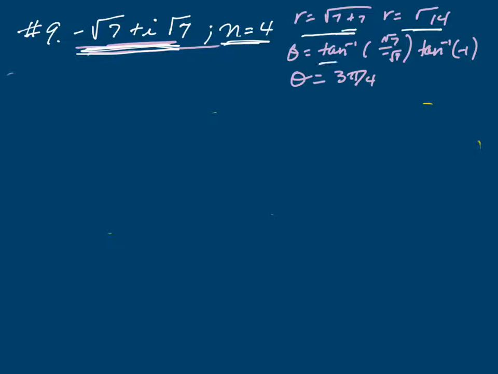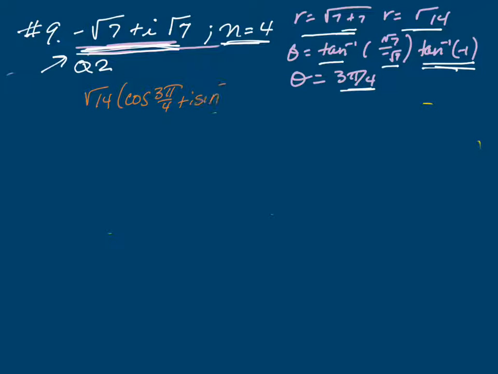And theta is the inverse tan of square root of 7 over negative square root of 7, so the inverse tan of negative 1. And then you look at this, it's in quadrant 2. So where is tangent negative 1 in quadrant 2? 3 pi over 4.